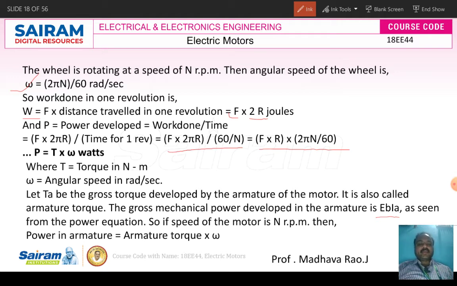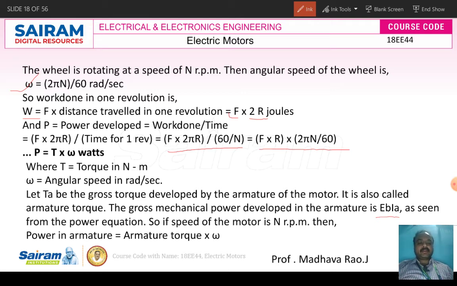So Eb into Ia is the mechanical power developed in the armature. If the speed of the motor is n revolutions per minute, then the power in the armature is armature torque Ta into omega.